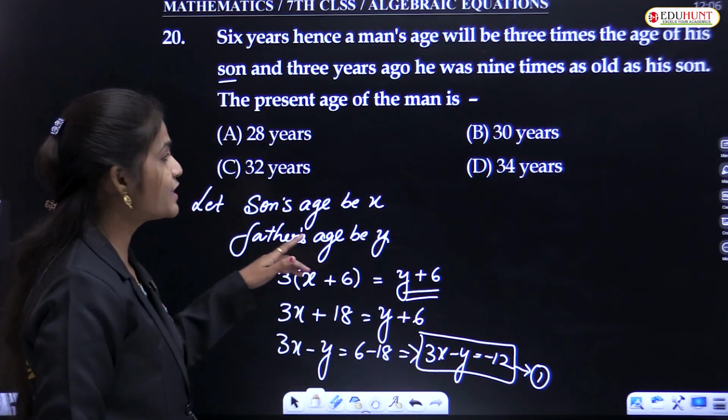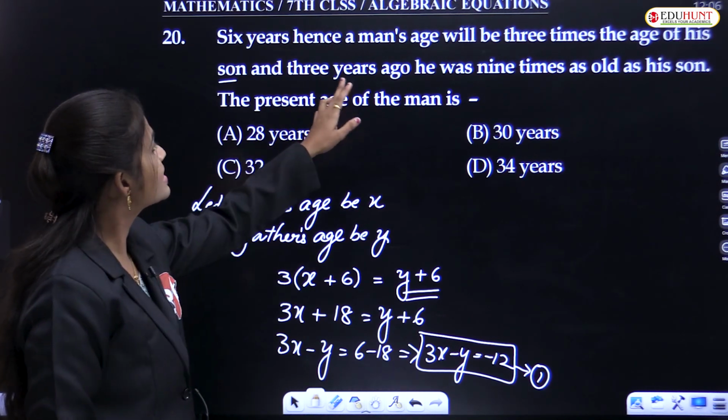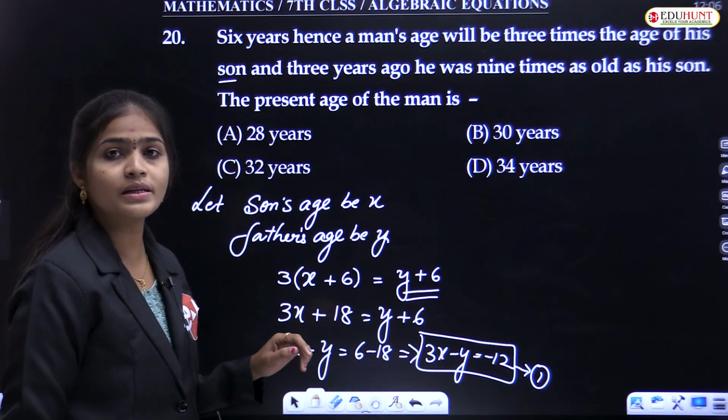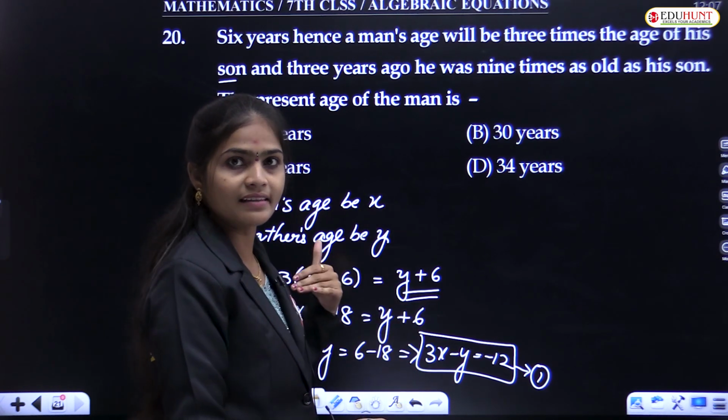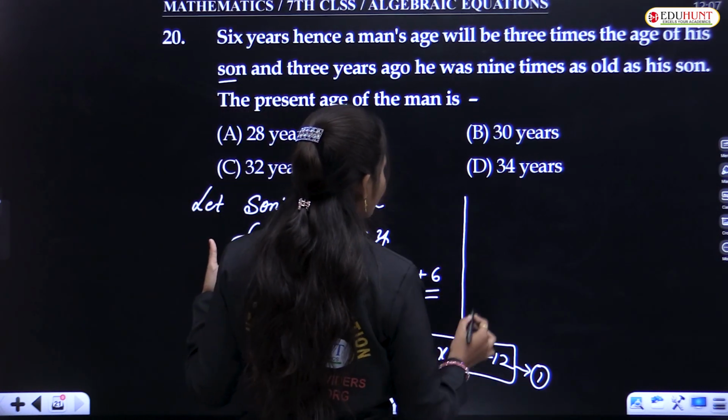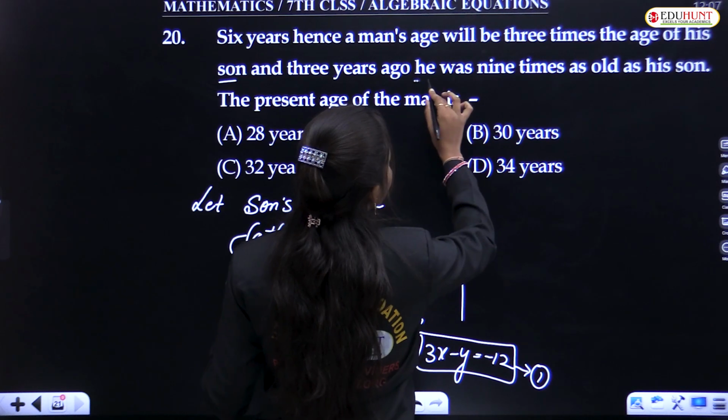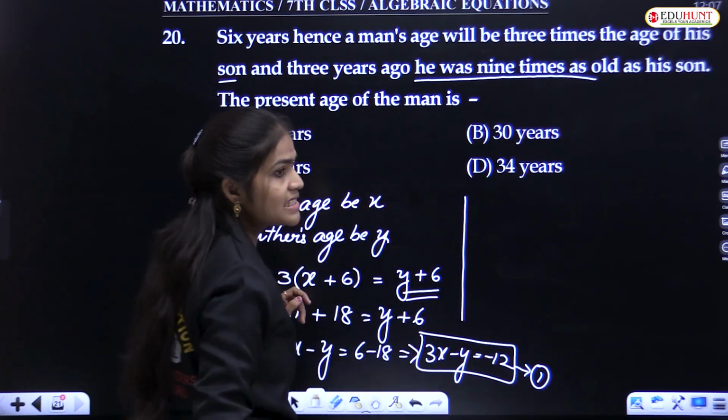Now the second condition they gave here, 3 years ago. 3 years ago means what here? 3 years ago means from now, 3 years back. Okay, 3 years back, which means he was 9 times as old as his son.